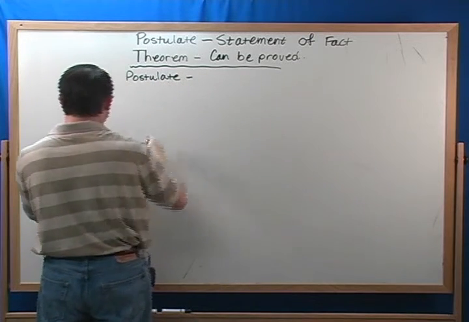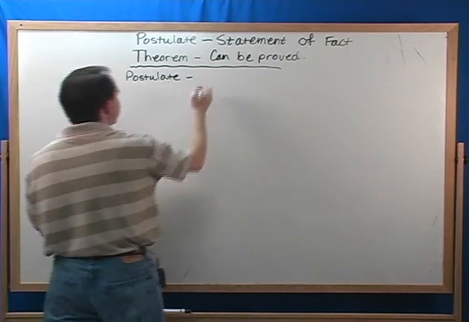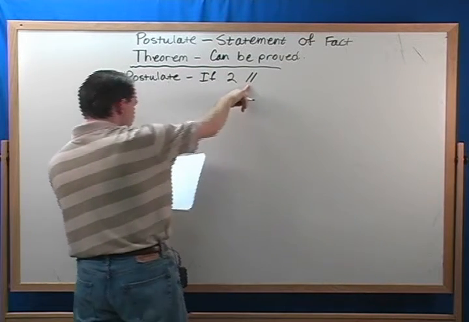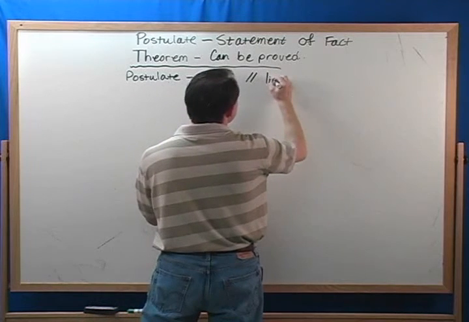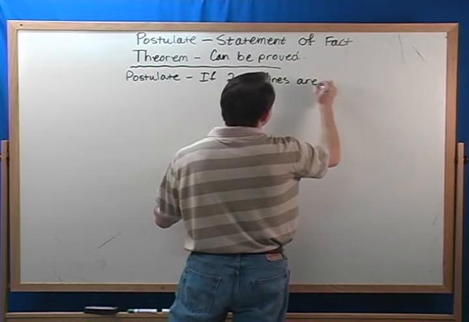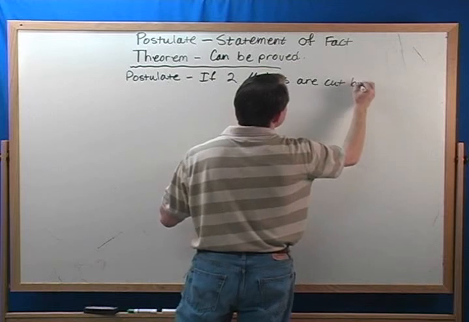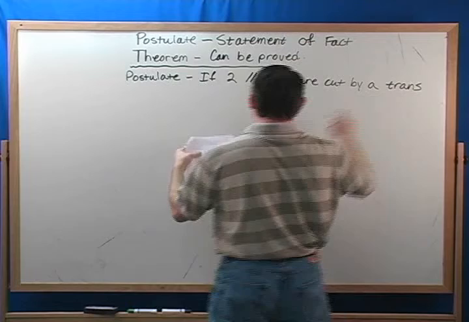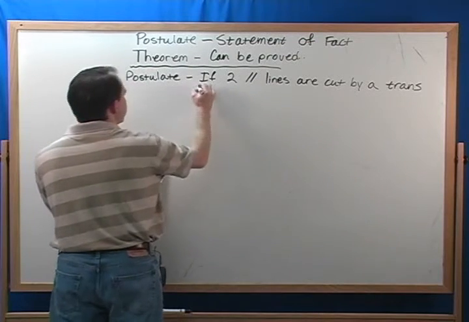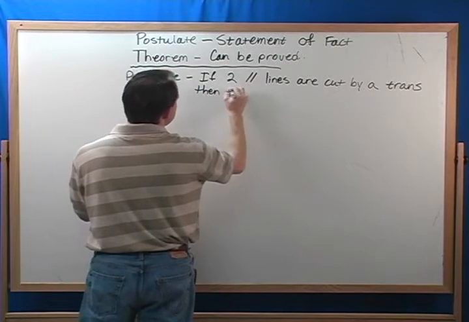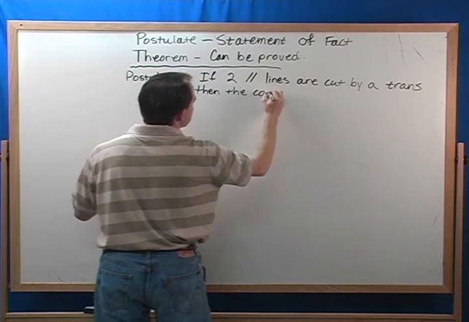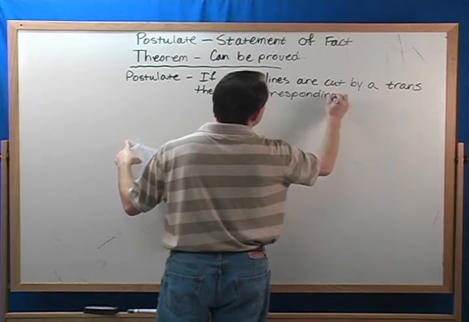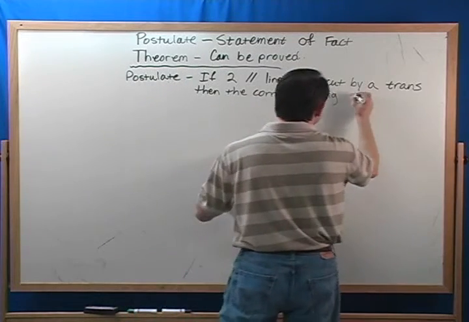Okay, here's a postulate. If two parallel (using the symbol for parallel) lines are cut by a transversal (I'm going to abbreviate that), then the corresponding angles are congruent.